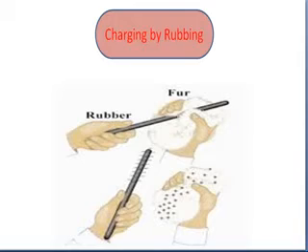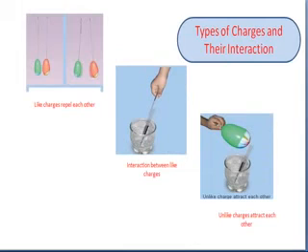Now, let us see the types of charges and their interactions. We have seen that when two bodies have the same type of charge, they tend to repel each other. And when two bodies have different types of charges, they tend to attract each other.